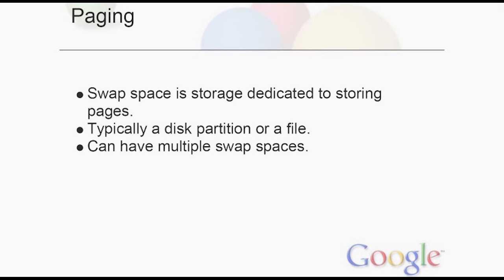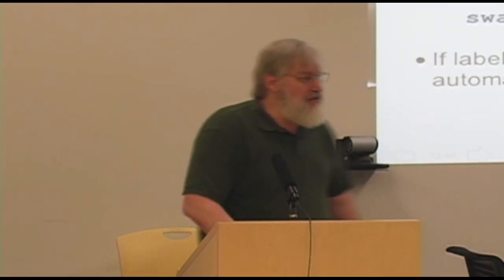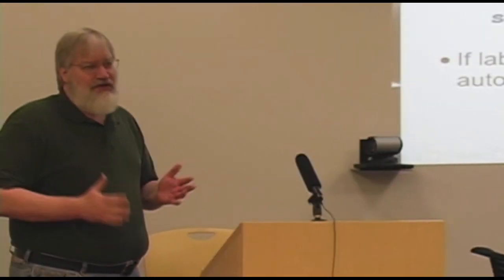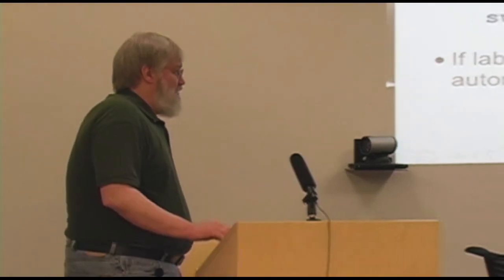Swap space is a storage area that's dedicated for this purpose. It's usually a disk partition that you allocate on a disk when you're doing the partitioning, but it can also be a file. And you can have multiple swap spaces as well. So as you add them up, the system will just use all of them. I believe you can actually specify preferences on which one gets used first and that kind of thing.